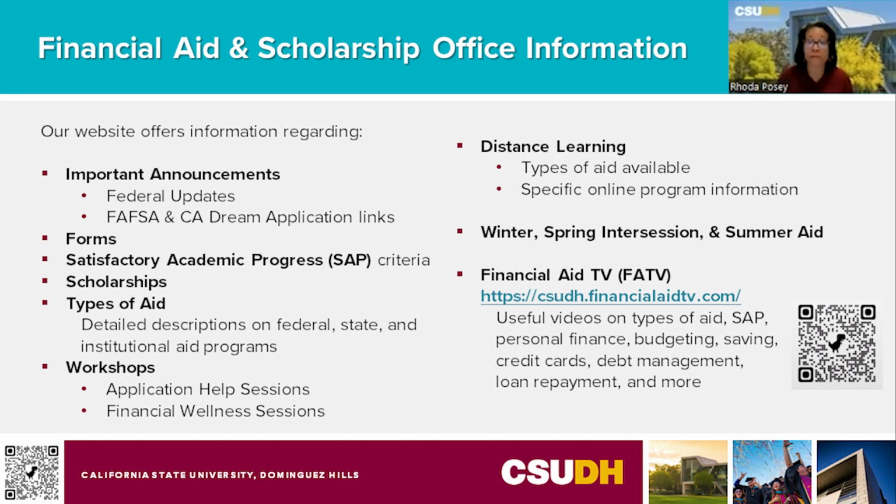Scholarships, we want to encourage you to apply for them. There are several campus-based scholarships. You can apply through your portal. All of that information is there. When it comes to types of aid, I'm just going to do a high overview of it, but there are so many nuances to the different types of aid, so you would want to go to our website to get all the detailed information.